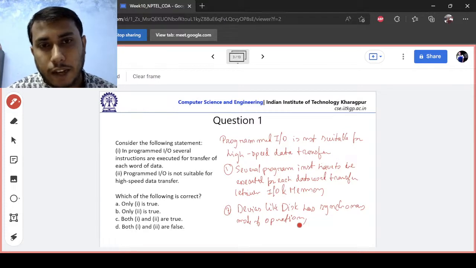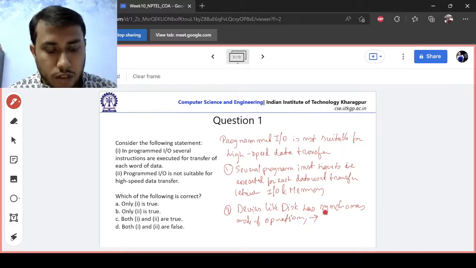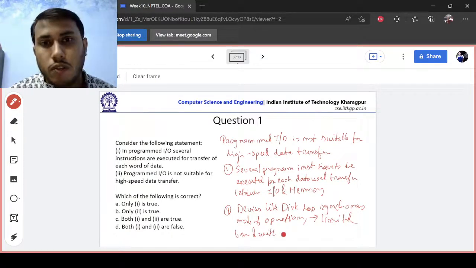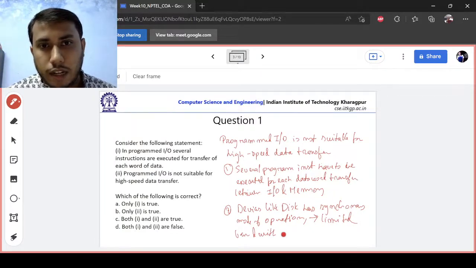What will be the side effect? Side effect is limited bandwidth. So high speed data cannot be transferred using programmed I/O.